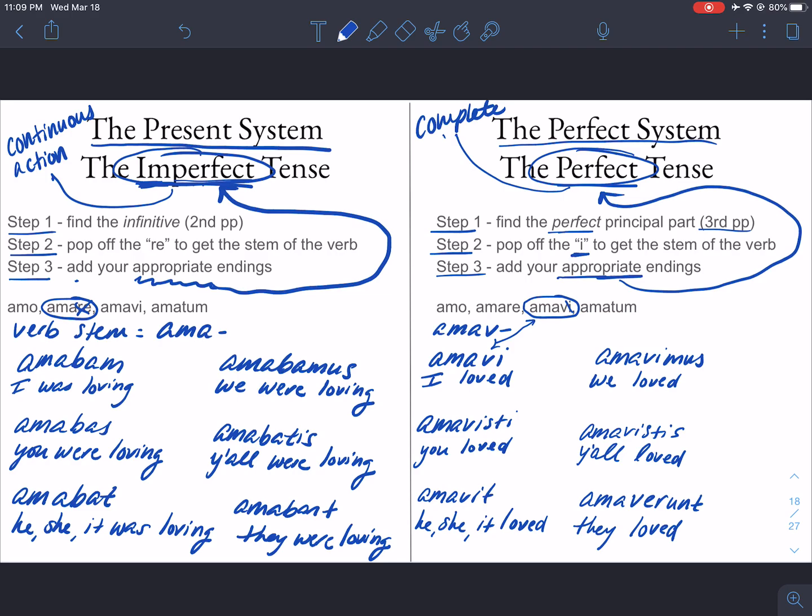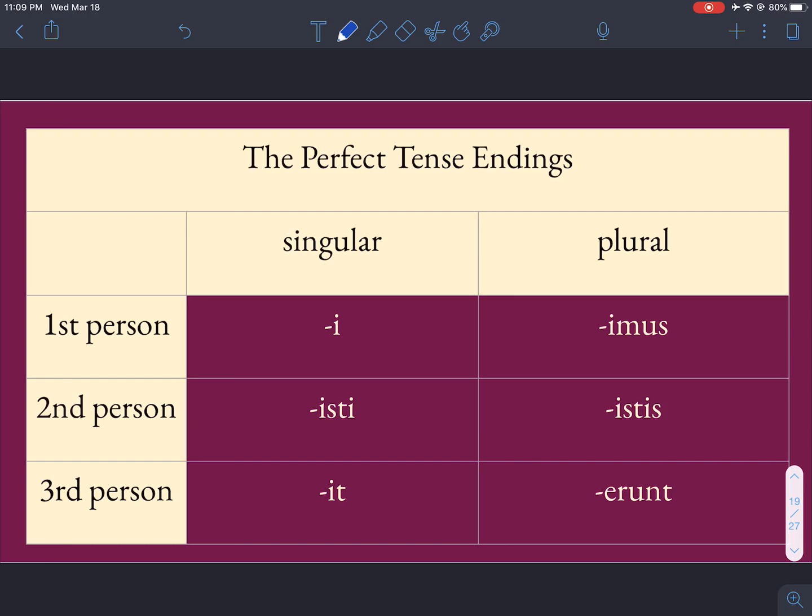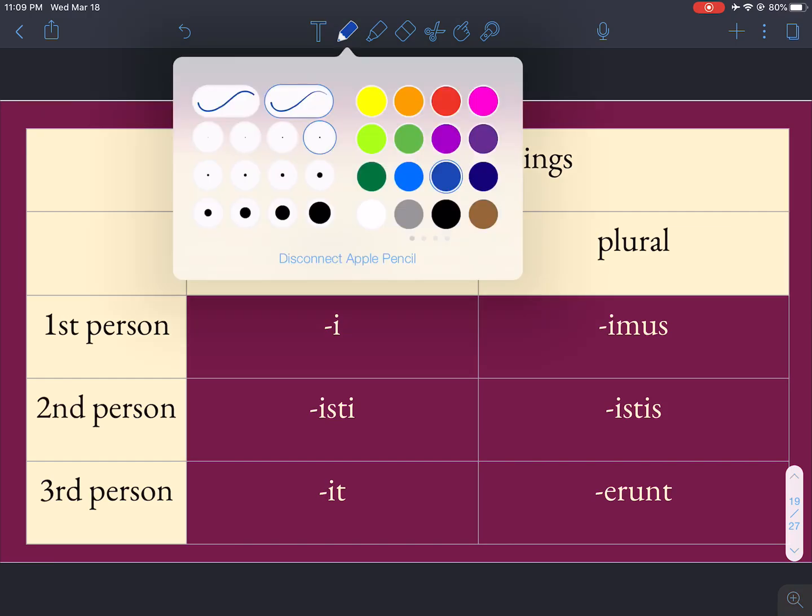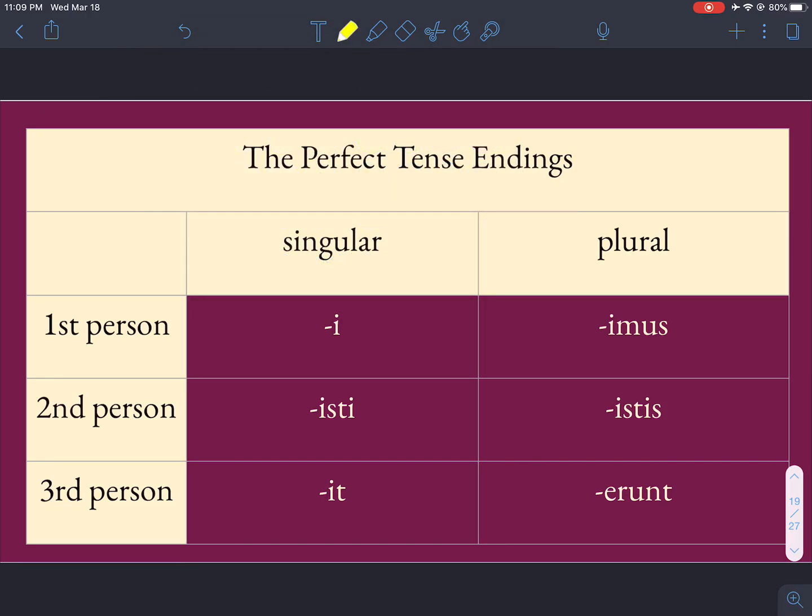Okay, so let's go back to the perfect tense. All right, so here are the perfect tense endings, and this is the time when I need to change to yellow. Okay, so I'll say them out loud once. Please say them with me the next time. Okay, so i, isti, it, imus, istis, erunt.